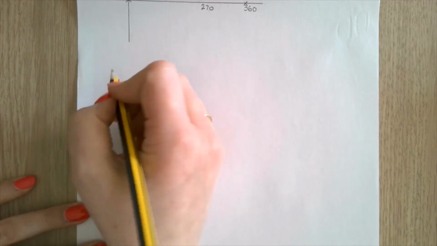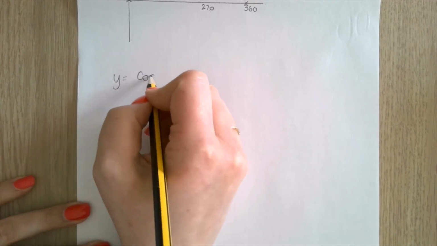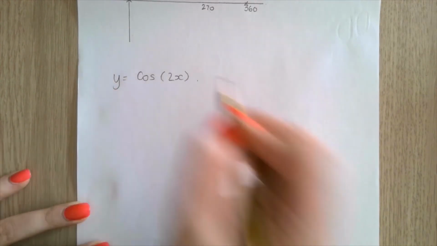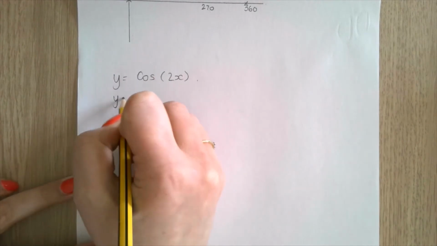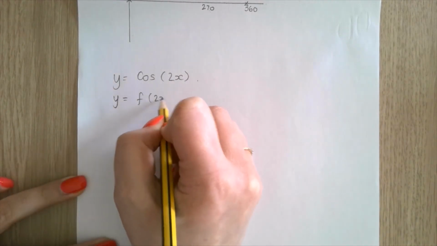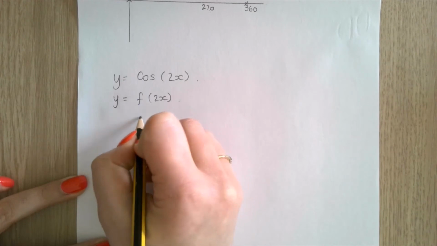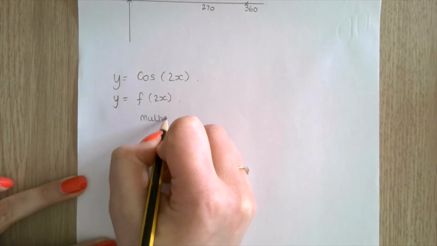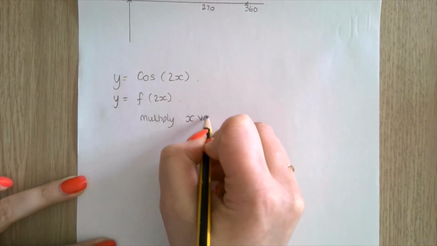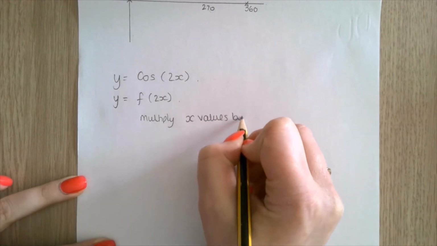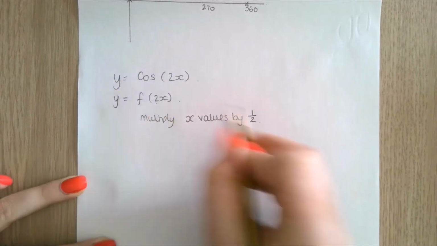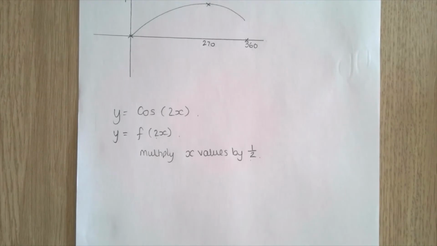My next one, y equals cos of 2x. So this time I have y equals f of 2x. So I'm going to have to multiply my x values by a half. Reciprocal of 2 is 1/2.